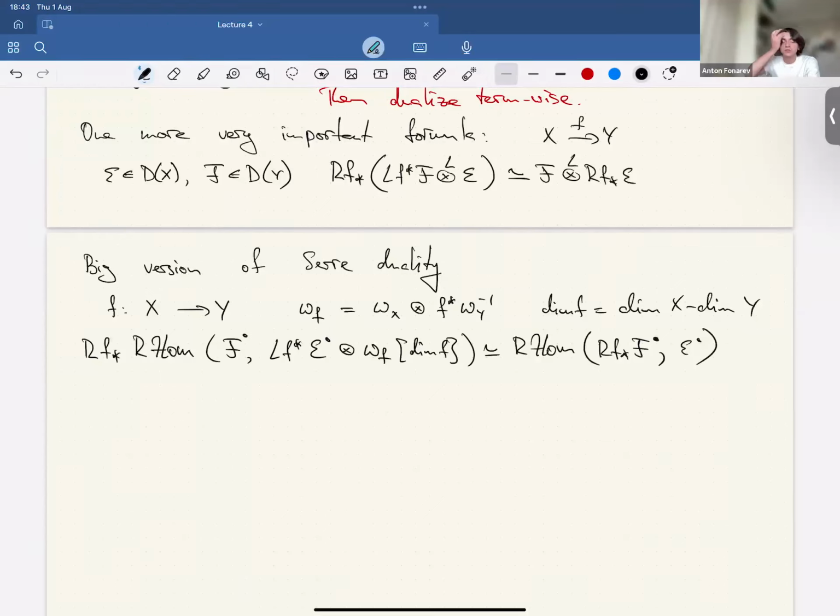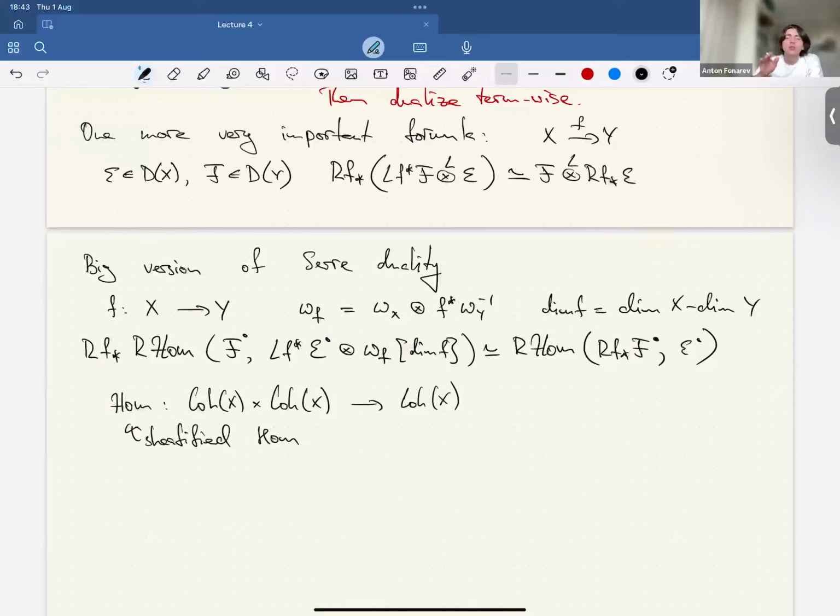First of all, what are these R Homs here? Again, we have a functor Hom which is the sheafified Hom from coherent sheaves on X times coherent sheaves on X to coherent sheaves of X, the sheafified Hom.